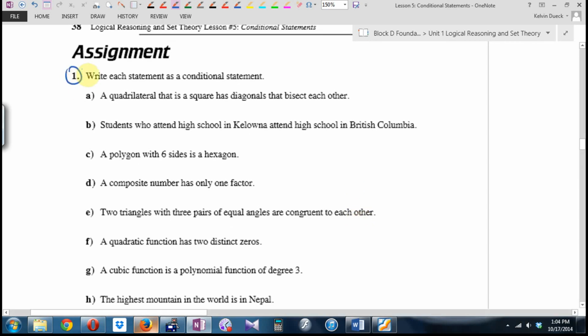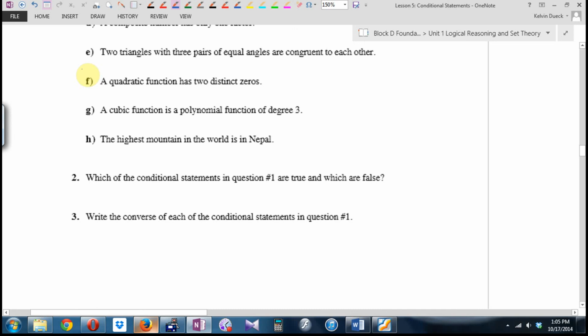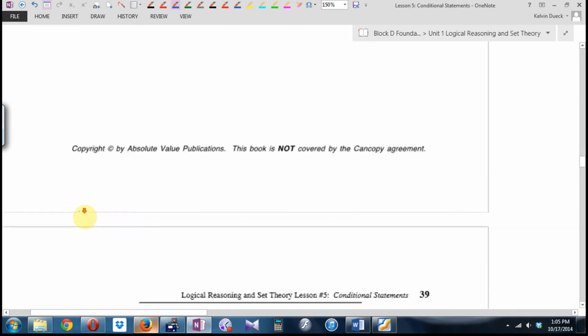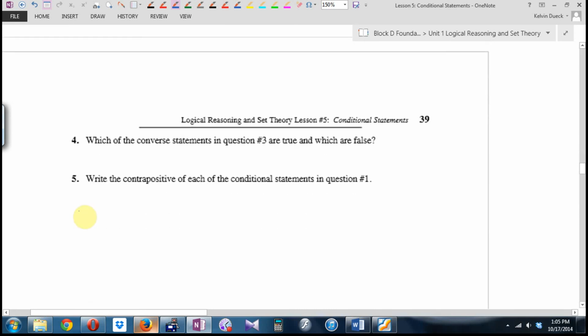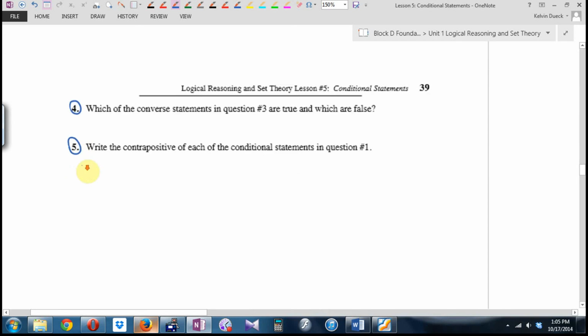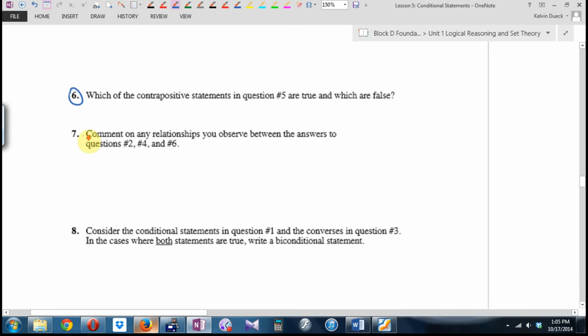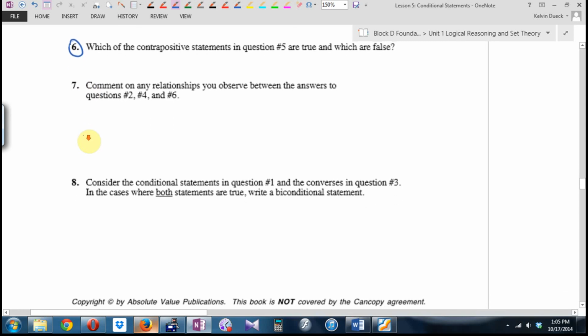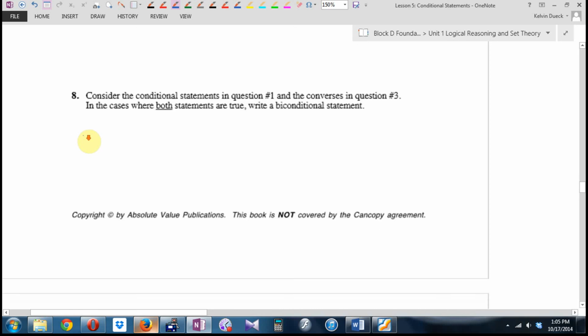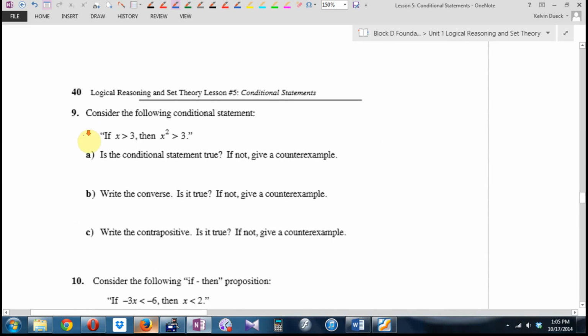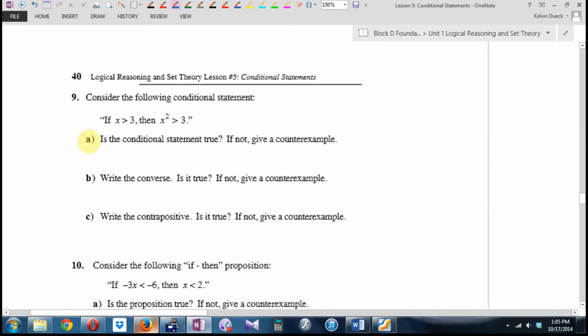Try number 1. Try number 2. Try number 3. Lots of writing, I know. 4, 5. 6. Skip 7. I think I'm going to skip 8. I've skipped 7 and 8 so far.